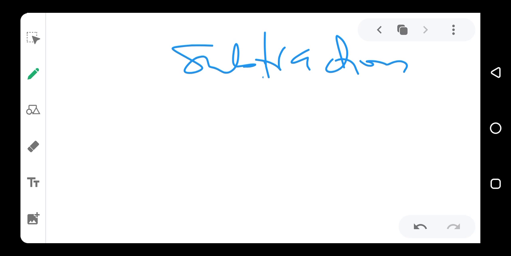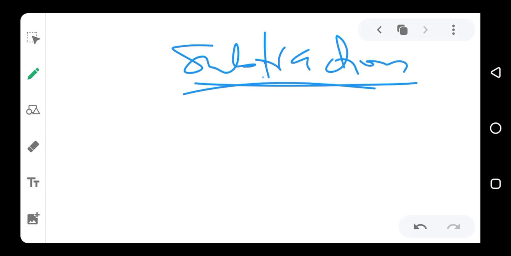Now we go to subtraction in polynomial. Subtraction is done the same way we do addition. We put them under the same column and subtract.